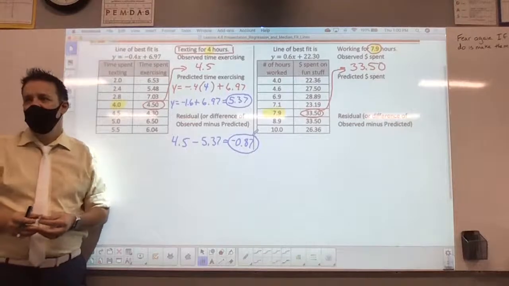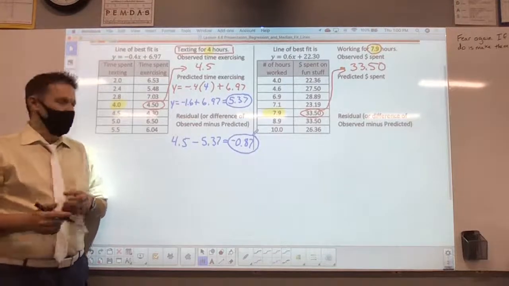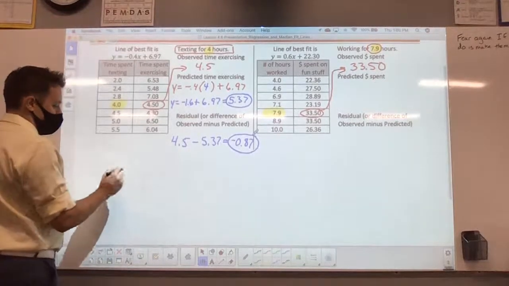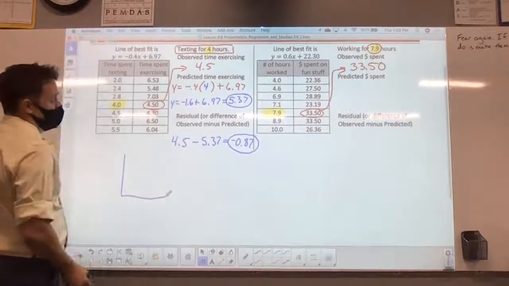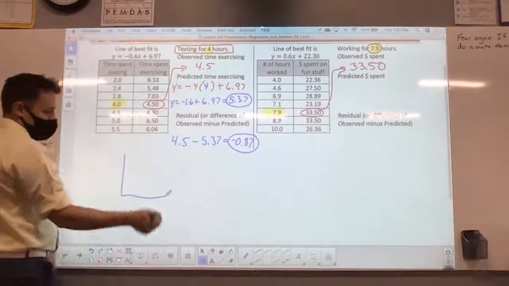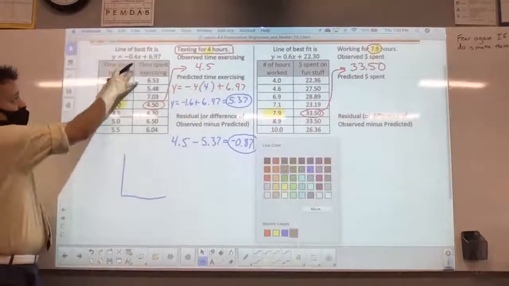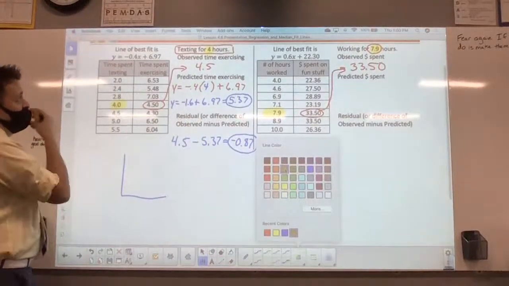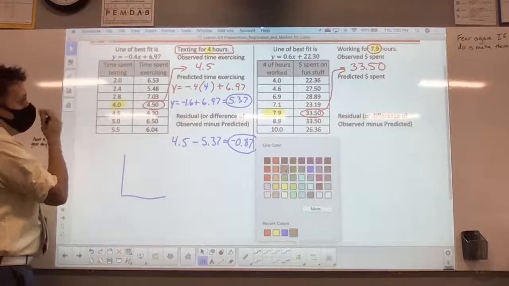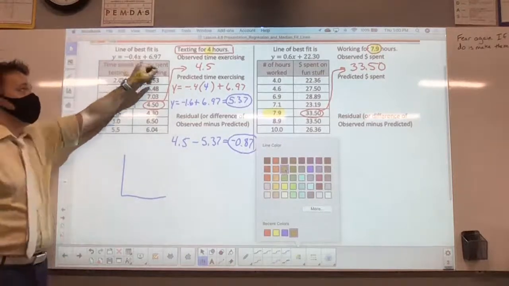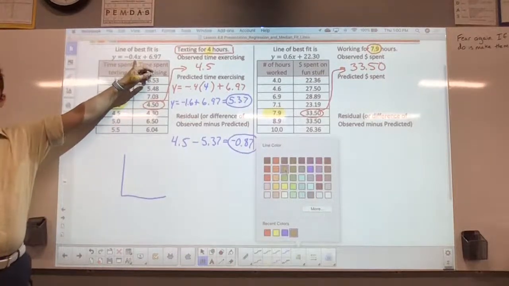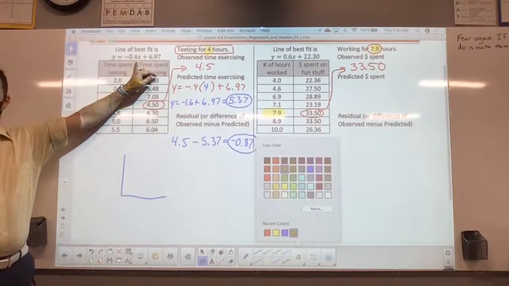So let me make sure you guys understand what this actually means. If we were to go through this and plot this out, what this means is that we would create a line of fit. On Desmos, if I were to graph this equation right here, I could create a line, correct?